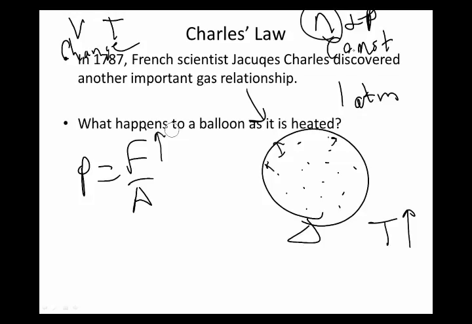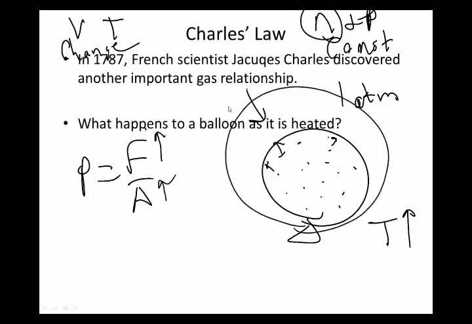Well, in order for the balloon to keep the same pressure, what has to happen to the area? It also has to go up accordingly. The balloon will expand so that the pressure on the inside stays at 1 atmosphere.